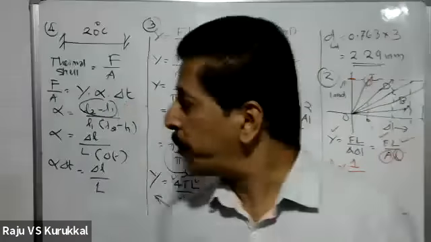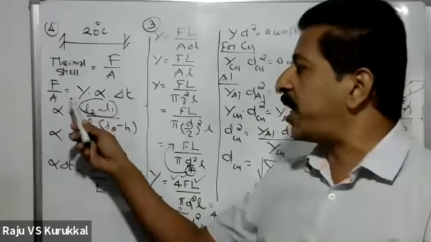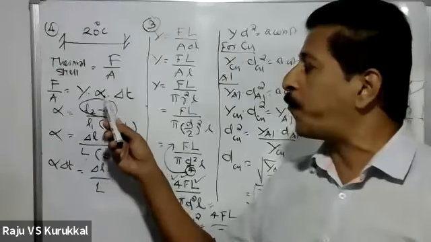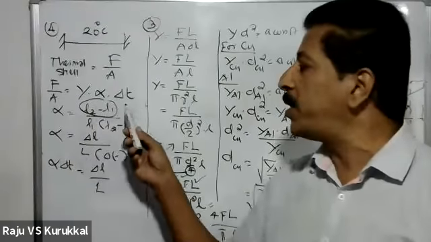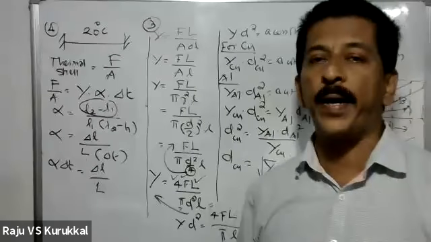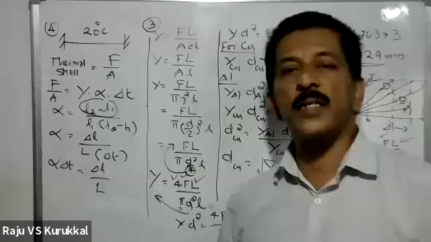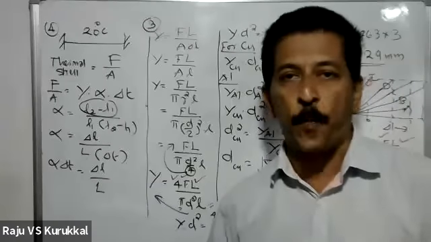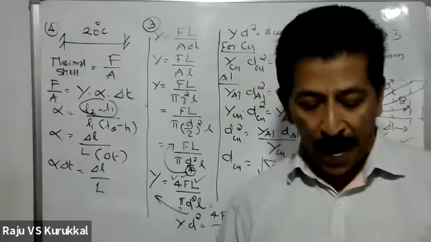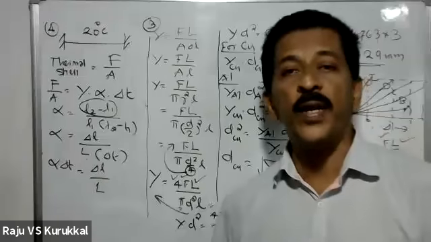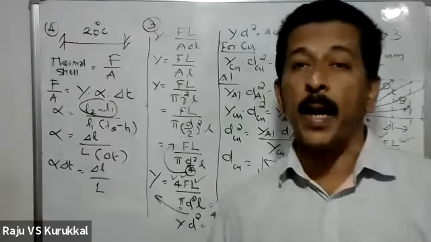അപ്പോൾ ഒന്നുകൂടെ നോക്കൂ. F by A is equal to Young's modulus into coefficient of linear expansion into rise of temperature. That is the required equation. അതിൽ ആൽഫ എന്ന് പറഞ്ഞാൽ it is coefficient of linear expansion or linear expansivity. There is a relation between alpha, beta and gamma.